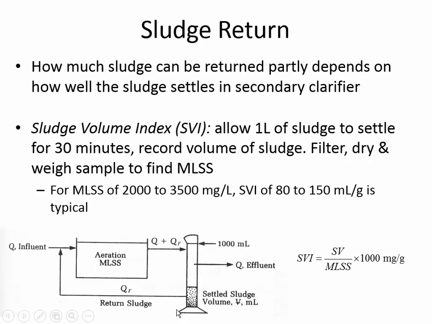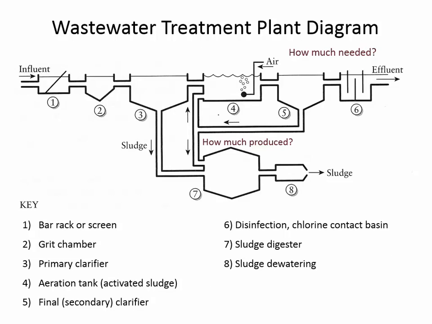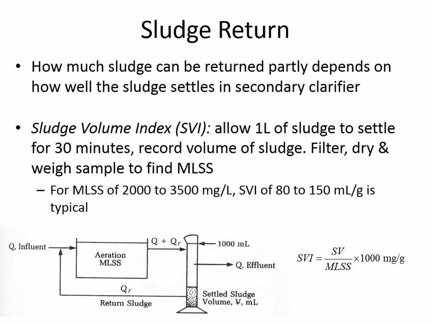It's just a test that's done to see if the sludge is bulking, which is when it floats to the top, or if it settles downward, which is what we need it to do. Because if it doesn't settle downward, we can't recirculate it. So this graduated cylinder, in other words, is kind of simulating a clarifier.